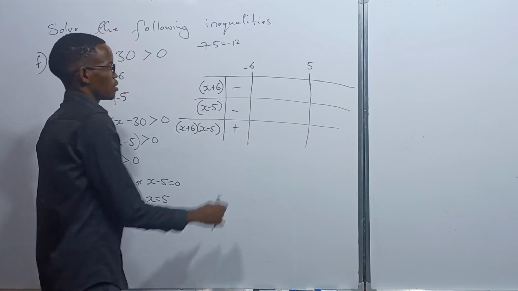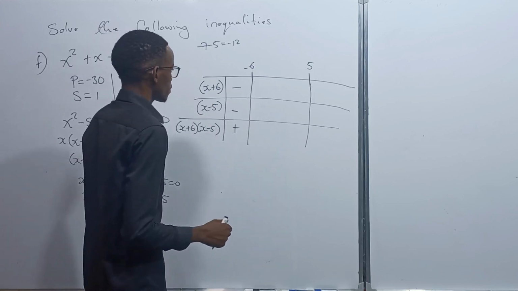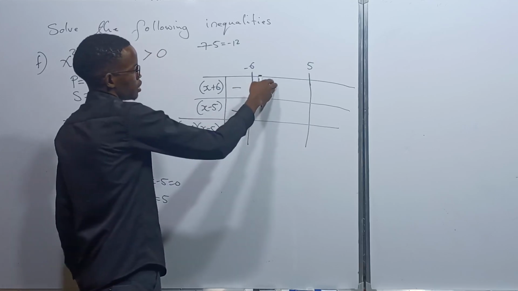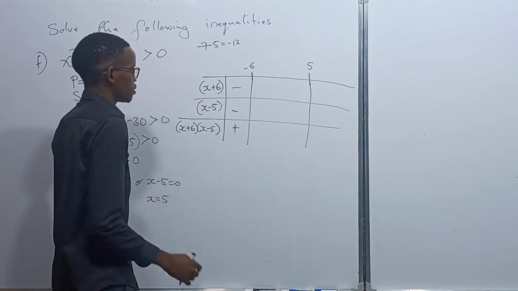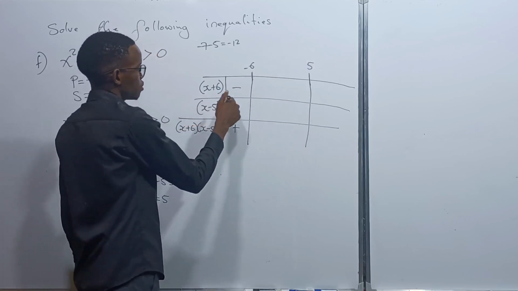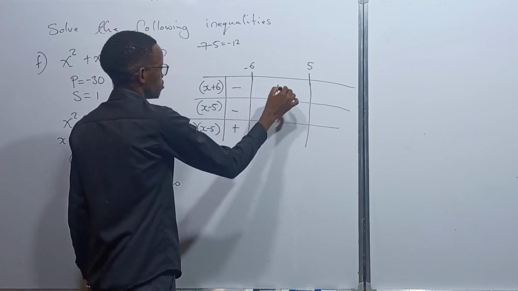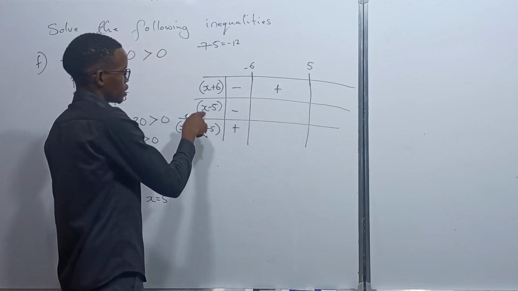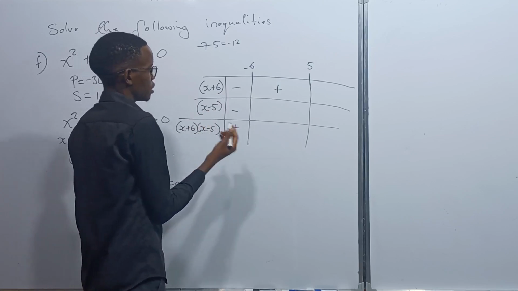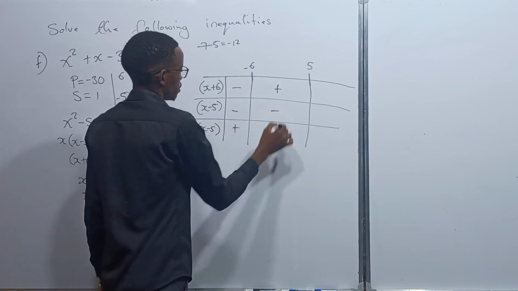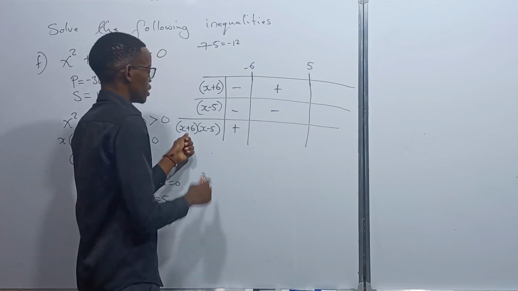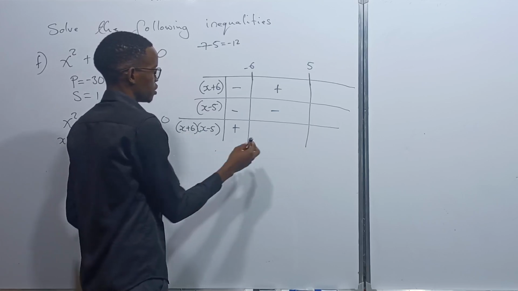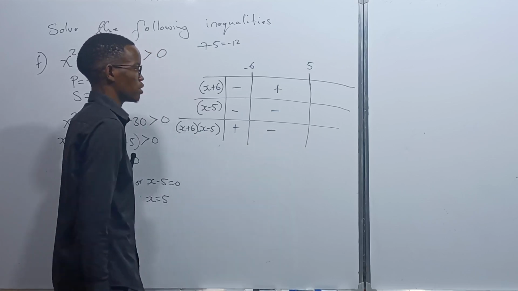Now let's pick any value between negative 6 and 5. Let's work with 2. Putting 2 in x plus 6 gives 8, which is positive. Putting 2 in x minus 5 gives negative 3, which is negative. When you multiply the two, you get a negative.